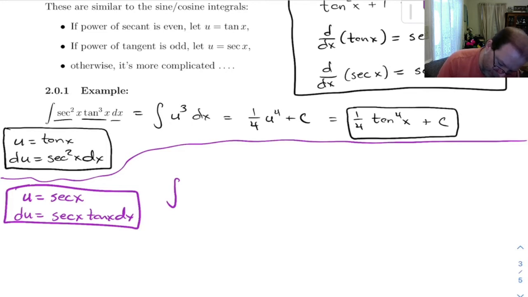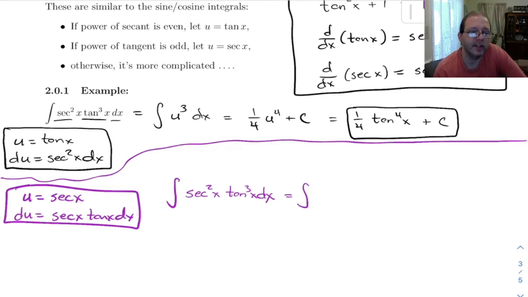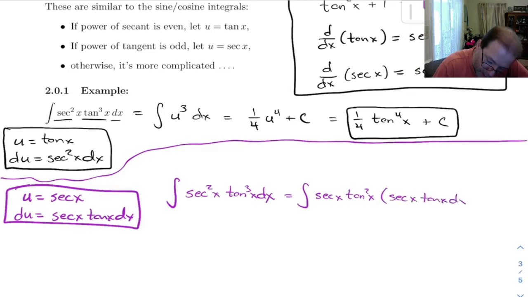I'm going to rewrite the integral like this. The way to think about this is we're saving out a secant x tan x. So I'm going to rewrite this as secant x tan squared x, and then secant x tan x dx.